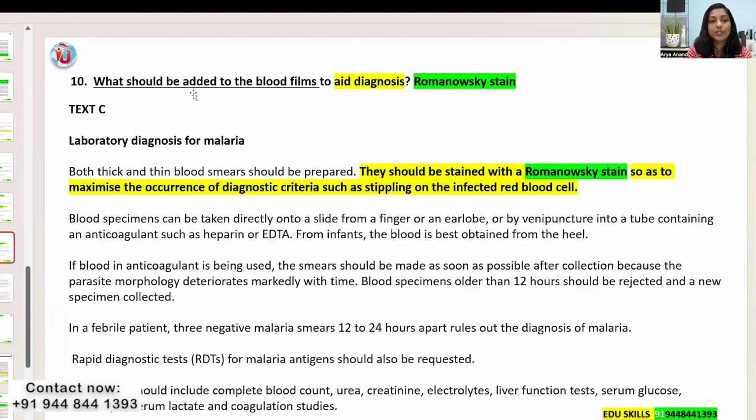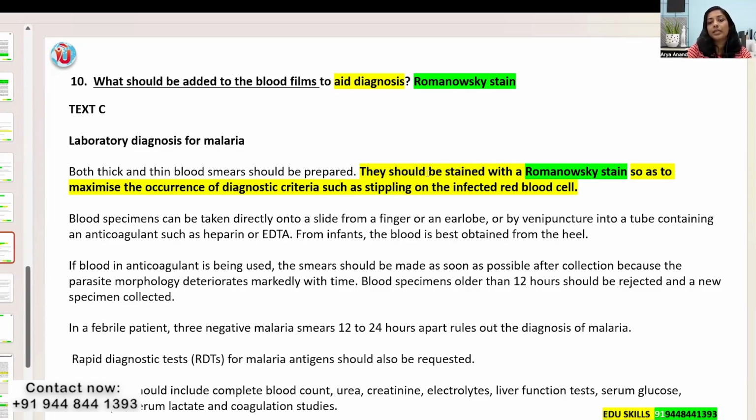Question number 10. What should be added to the blood films to aid diagnosis? Again, from which text is it? It's C. So here you can see they should be stained, because they have mentioned both thick and thin blood smears should be prepared.